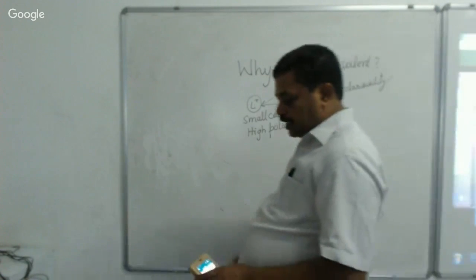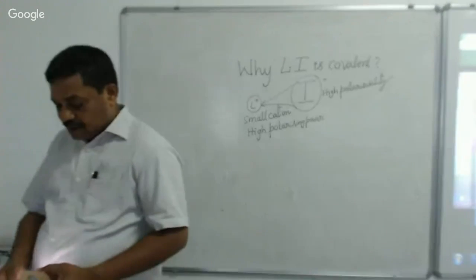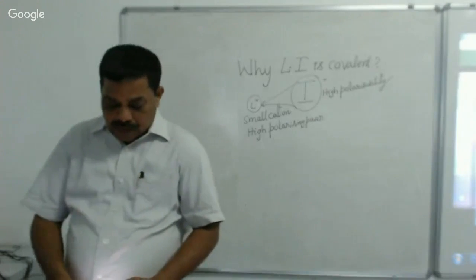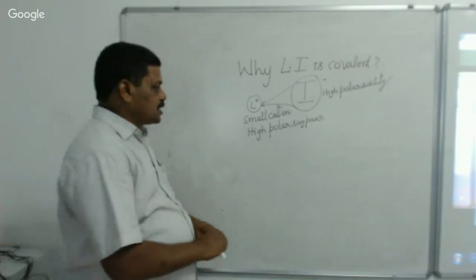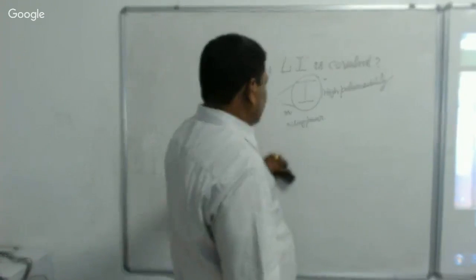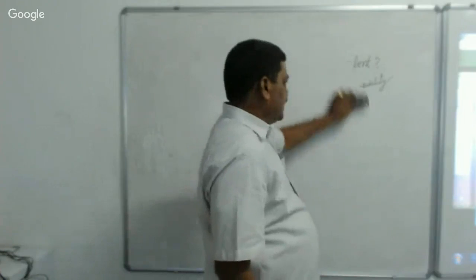So why is lithium iodide covalent? Just now I explained: because of the high polarizing power of Li+ and the high polarizability of I minus.